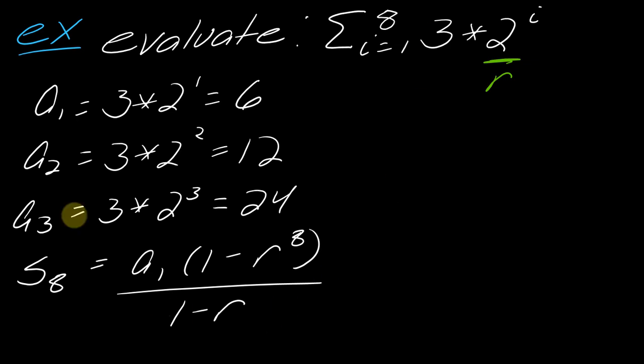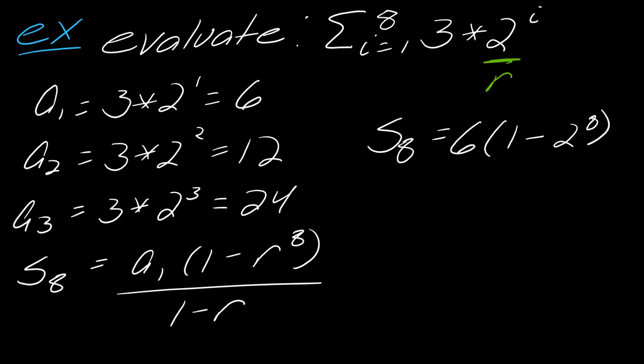So just a reminder, my a sub 1 is this term here, and then my r is 2. So we figured all that out. So if I wanted to sum this then from 1 to 8, the calculation would be 6 times 1 minus 2 to the 8th over 1 minus 2.